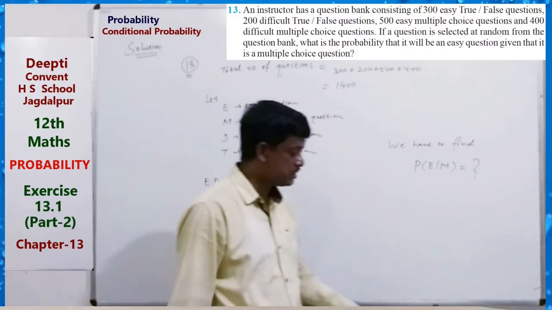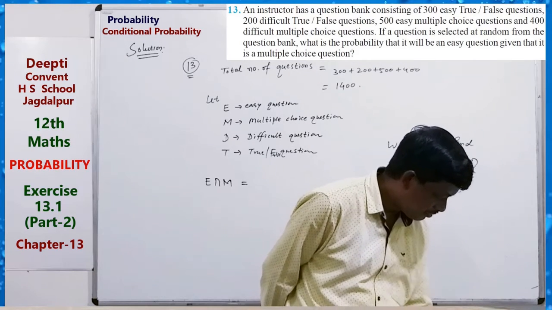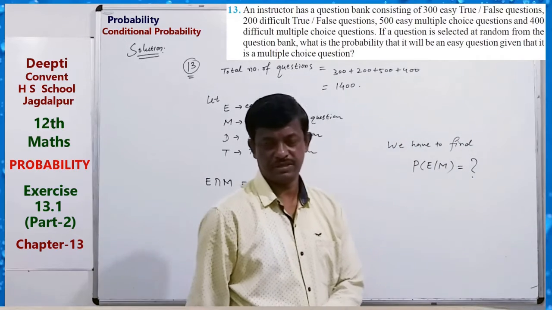So in the question it is given that there are 500 easy multiple choice questions.